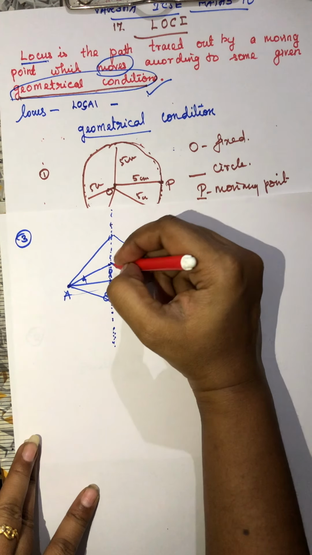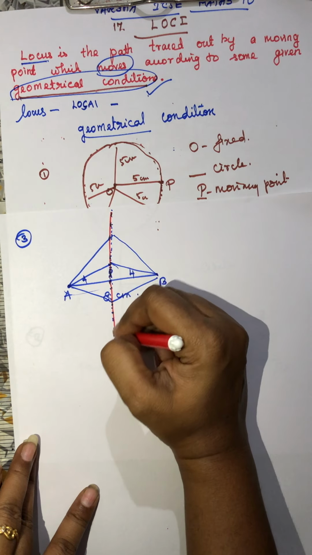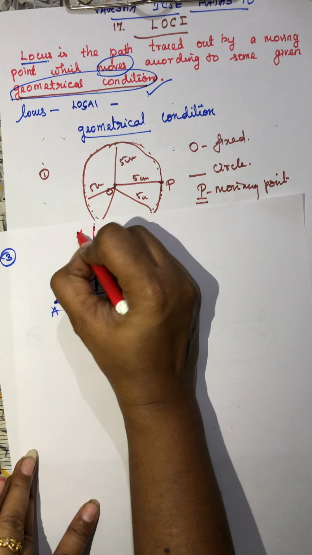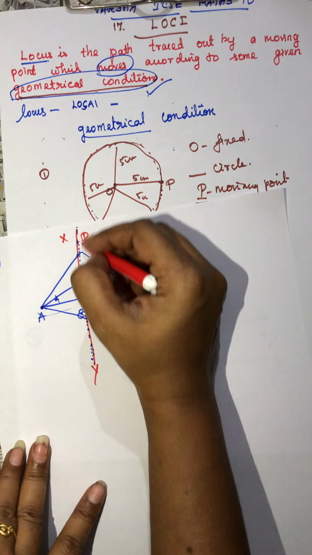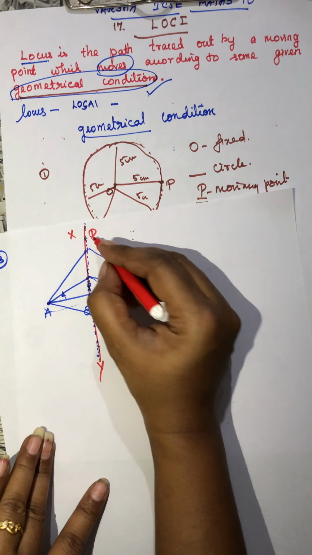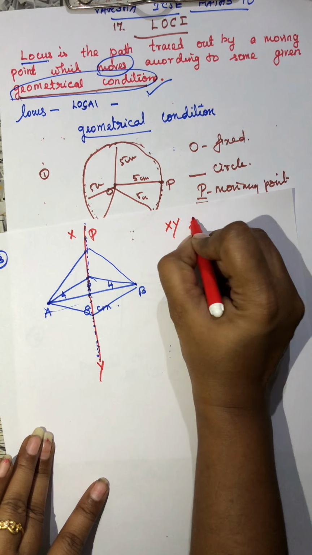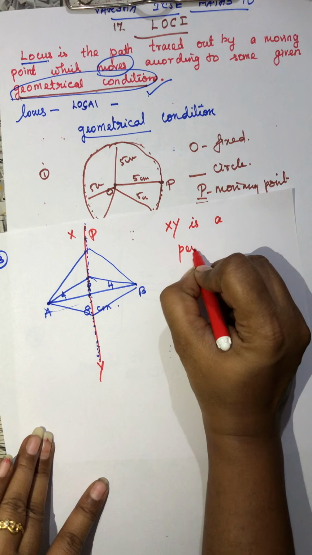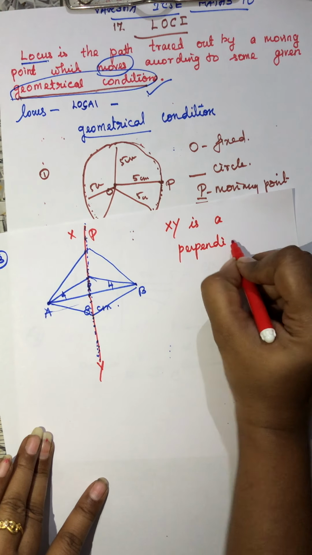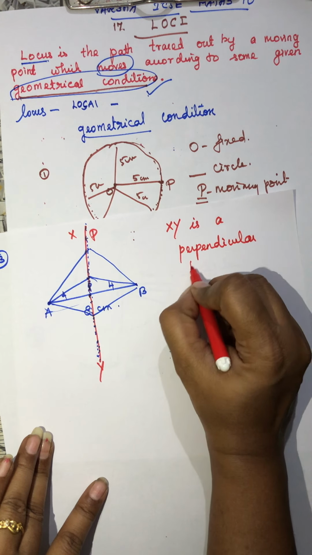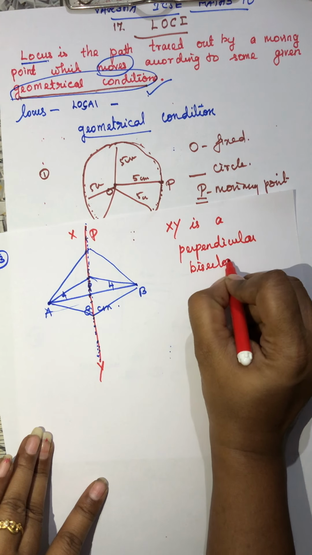When you join, we get a line. So the locus of the point P is the perpendicular bisector of the given line AB.